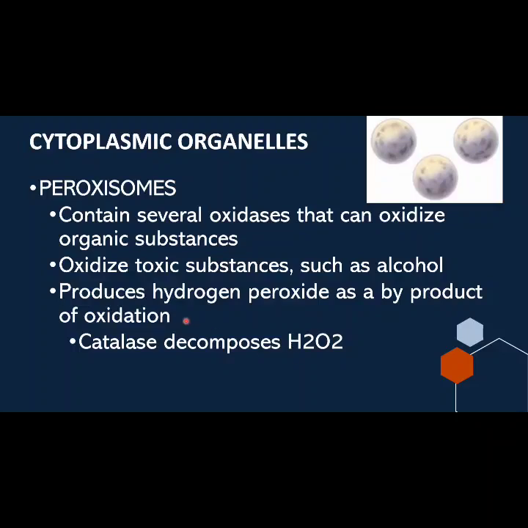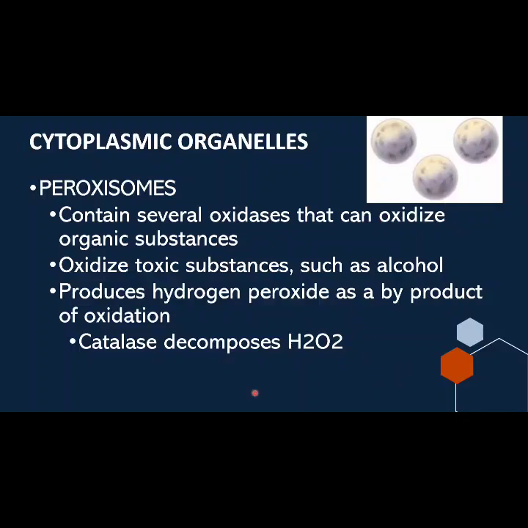But your peroxisomes also contain an enzyme that can decompose the hydrogen peroxide that is a byproduct of the function of peroxisome. You call that enzyme catalase. This enzyme catalase will decompose H2O2, rendering it safe.